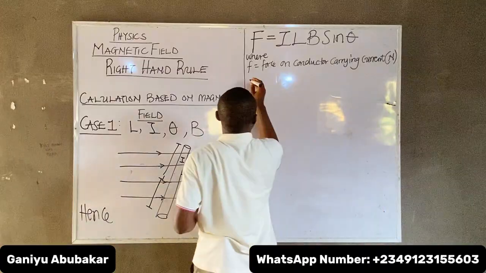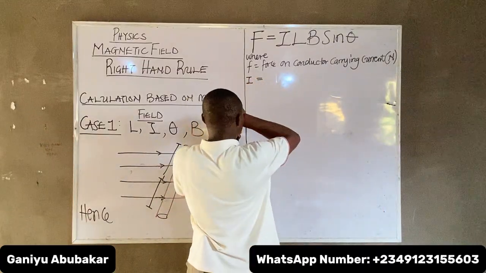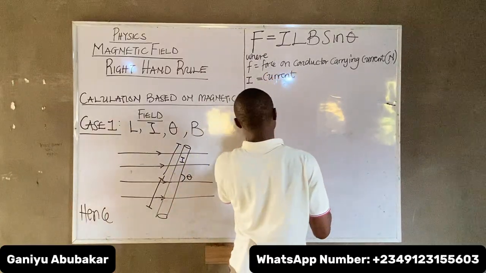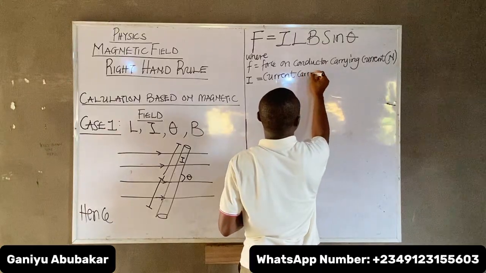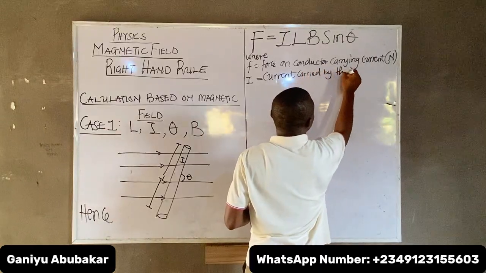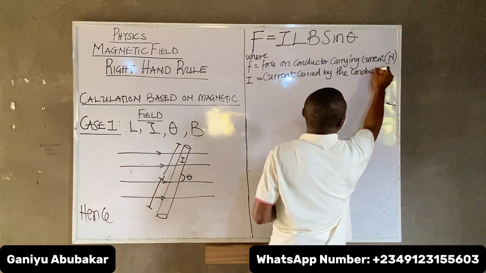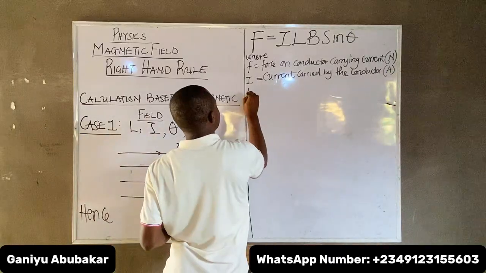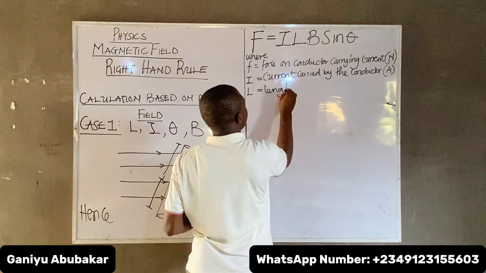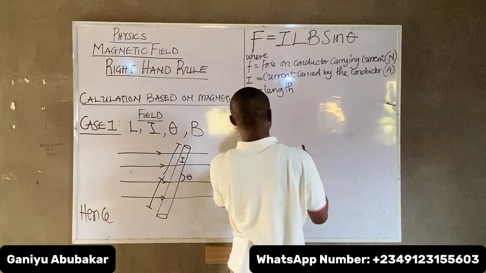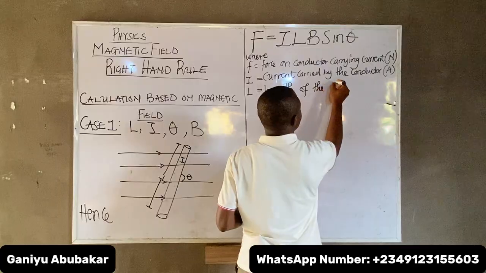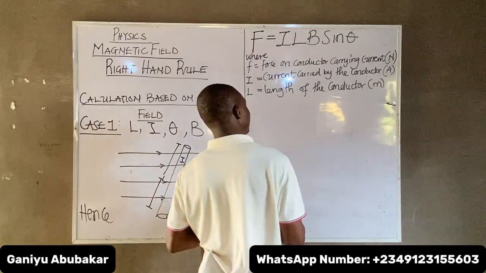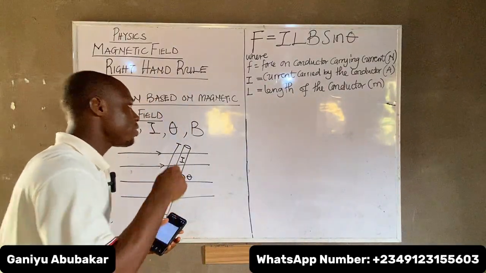I is called the current carried by the conductor, in ampere. L is called the length of the conductor, in meters. Length is measured in meters.